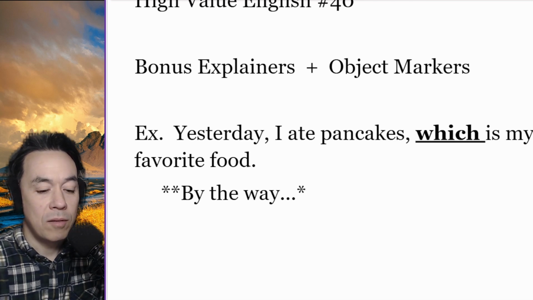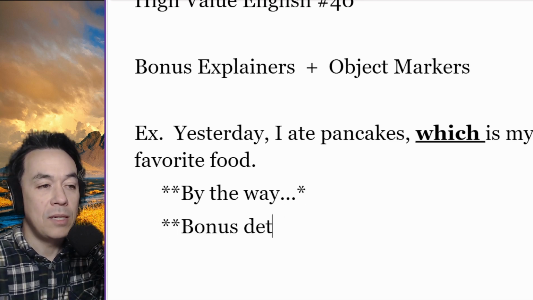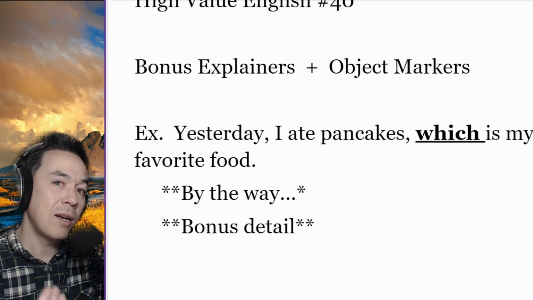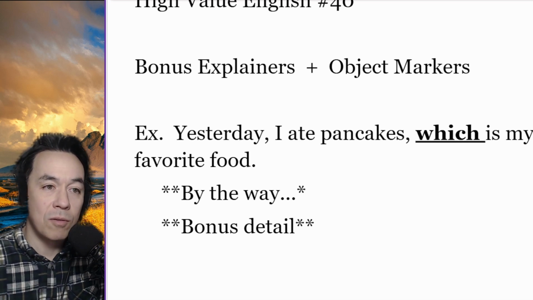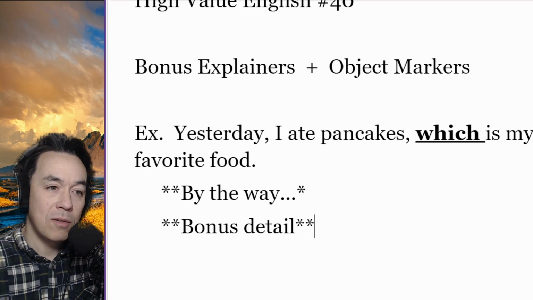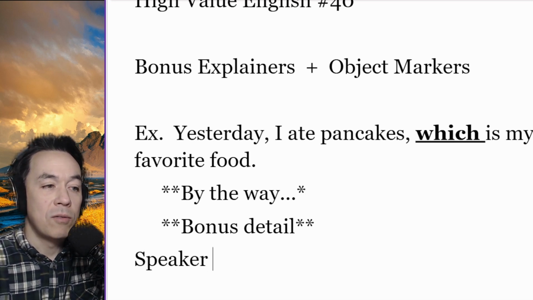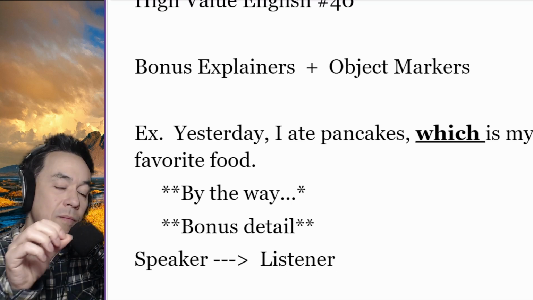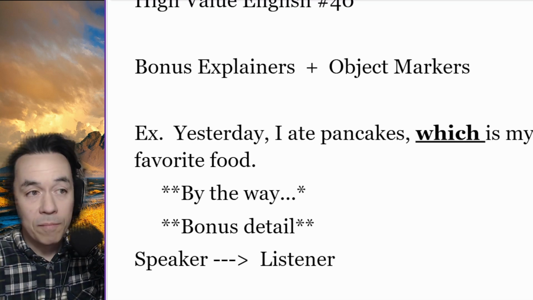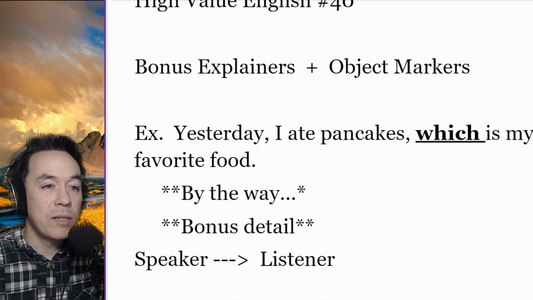Just a little bonus detail. It's not important to the story. It's not really important to the listener. It's just something the speaker wants to tell the listener, just little bonus information.